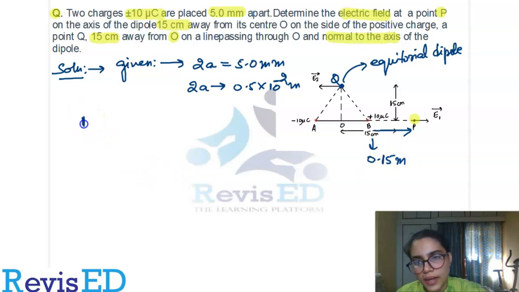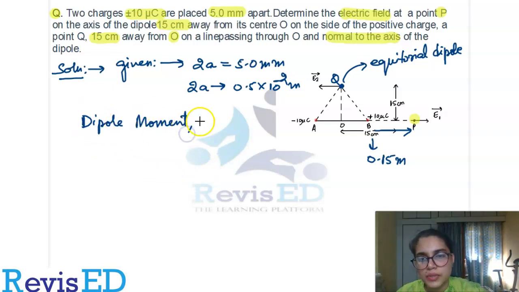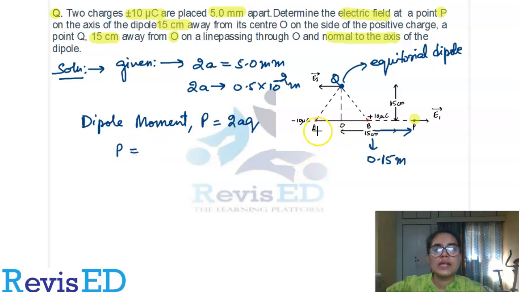So I can say that my dipole moment, which is represented by p and is equal to 2aq, is given by what? What is the value of q? It is 10 microcoulomb, right? Over here we talk about just the magnitude of the value.